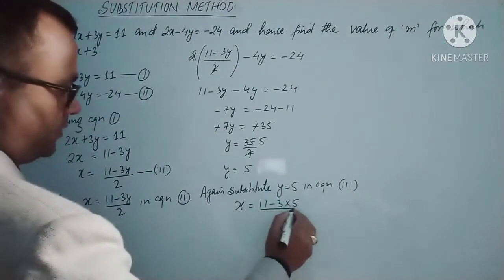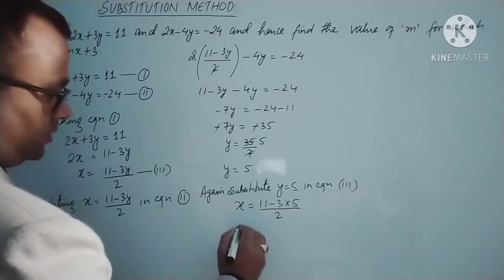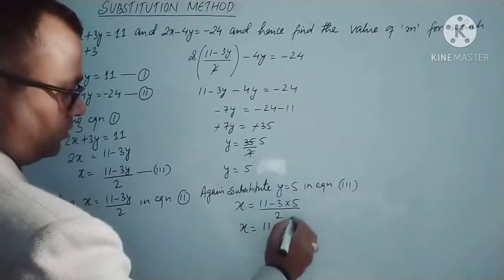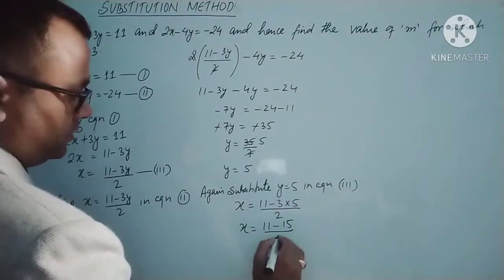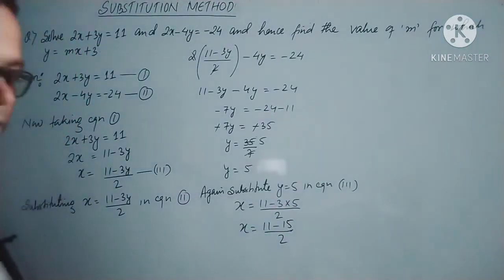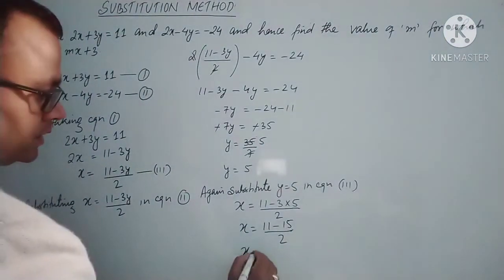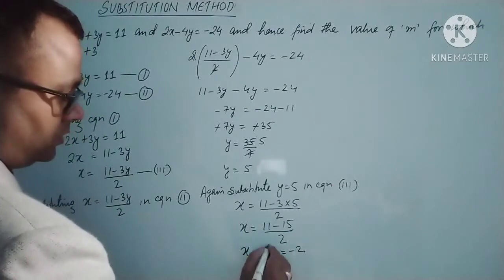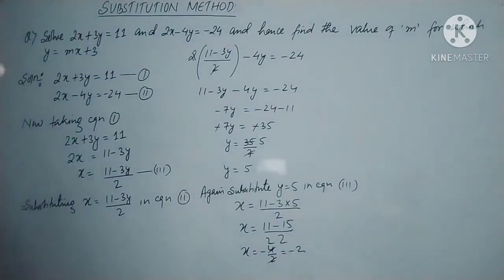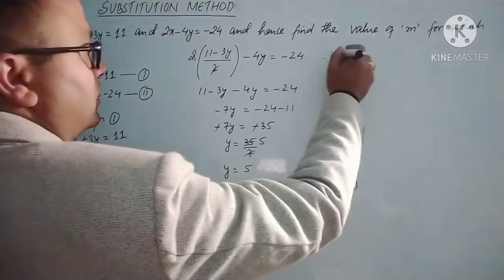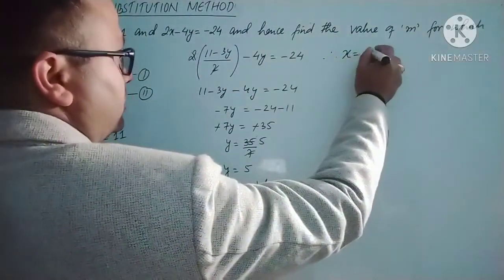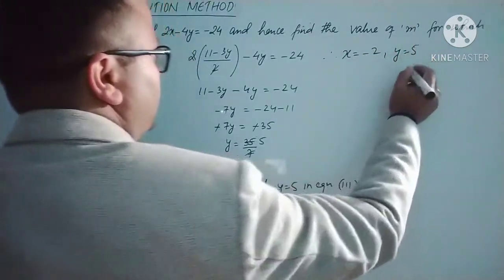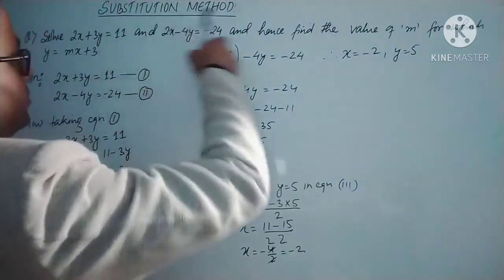So x equals 11 minus 5 into 3, 3 into 5 is 15, by 2. x equals minus 4 by 2. This equals minus 2. So therefore x equals minus 2 and y equals 5 are the solution of the pair of equations.